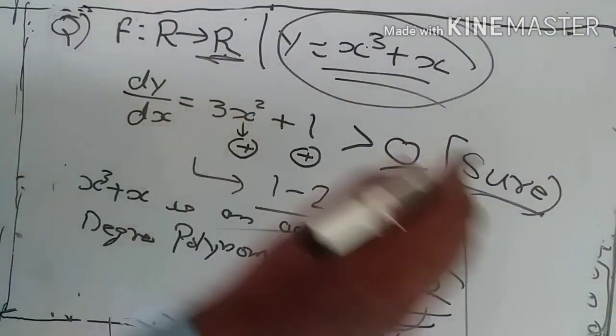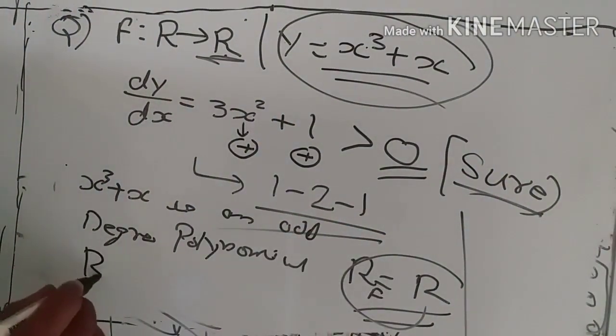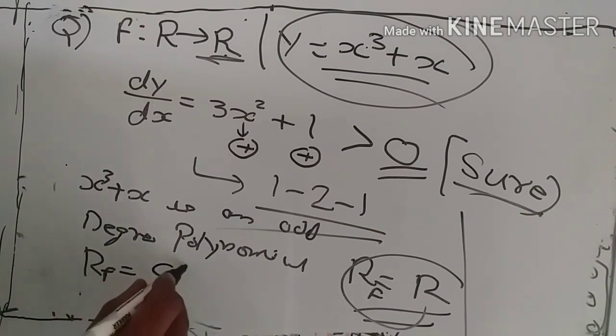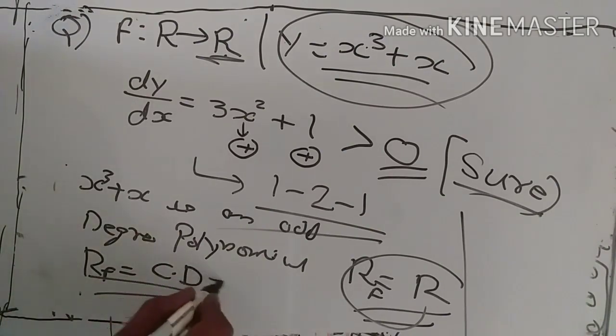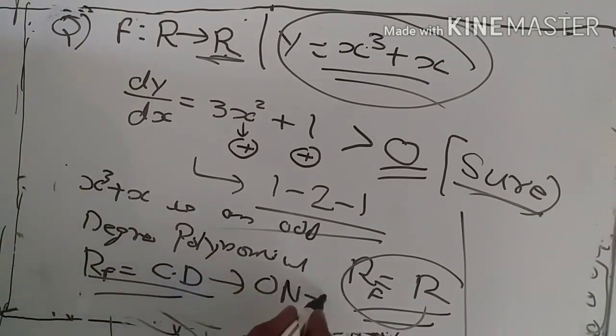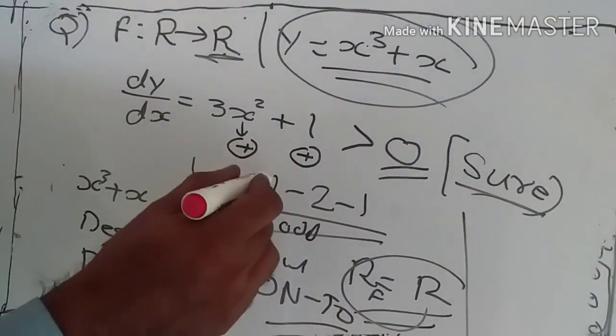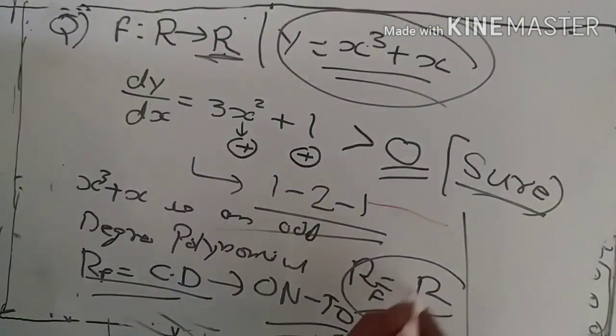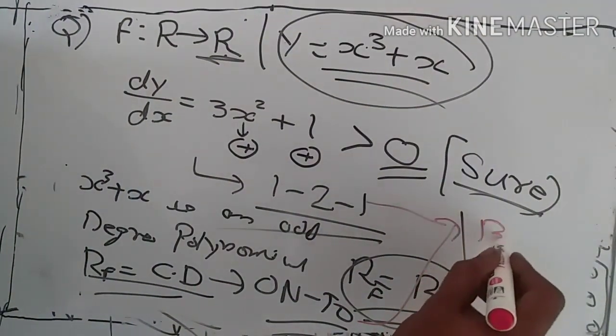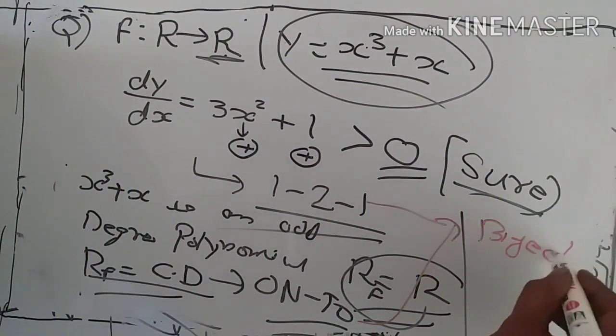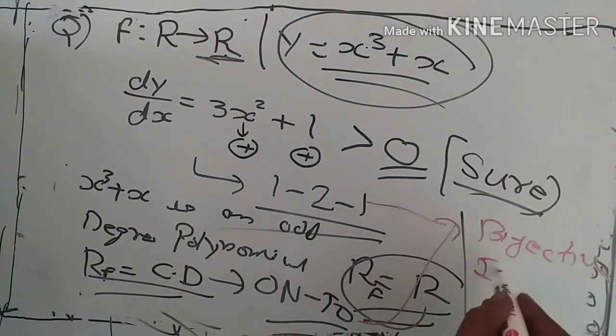And codomain is R. So range is equal to codomain. So function is onto. So both 1 to 1 and onto. Function is bijective, that is, invertible.